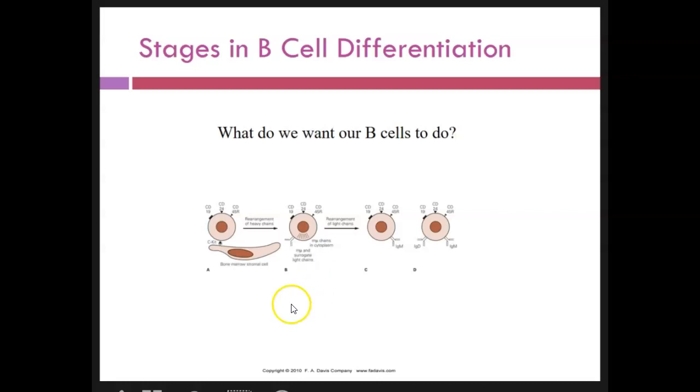Don't get overwhelmed. Just know that B cells go through a whole differentiation process, but what we need to know is that the mu chains are made first, and that makes total sense because IgM is made first in fighting diseases. Make antibodies. That's what we want them to do.